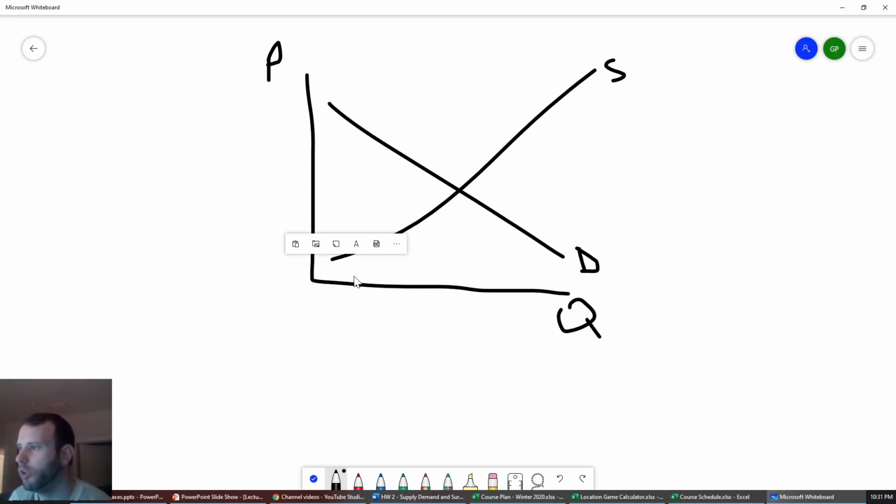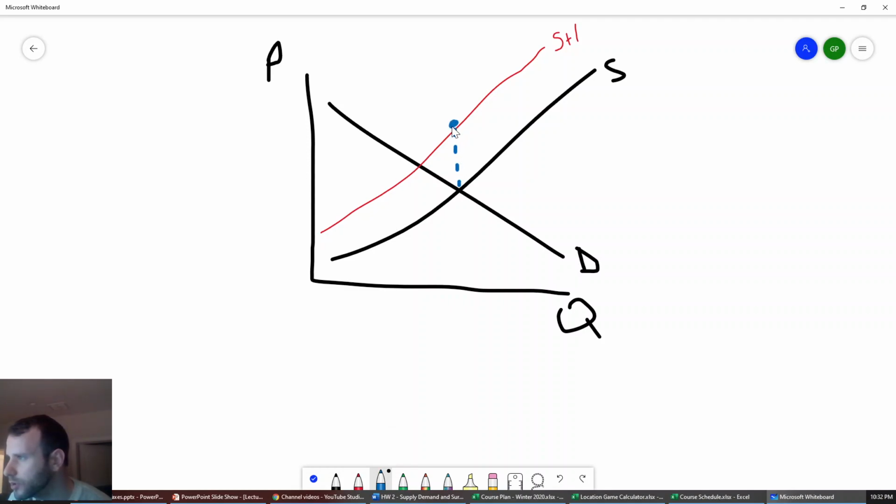We shift up the supply curve by S plus 1. This is P star plus 1. This is Q star.